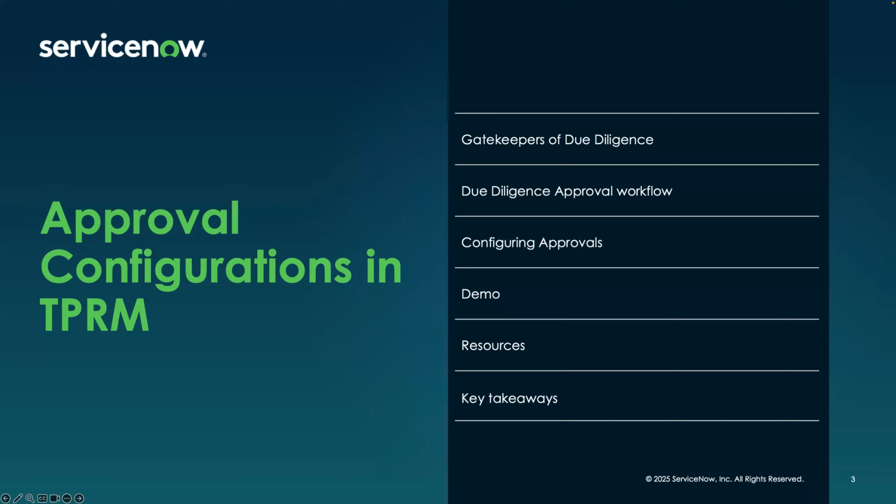We'll explore how ServiceNow empowers you to configure these approval workflows, essentially defining who needs to sign off and under what conditions, transforming your internal team into vigilant gatekeepers of due diligence. We'll then walk through the steps of configuring these approvals, see it in action with a short demo, and leave you with the key takeaways and helpful resources.